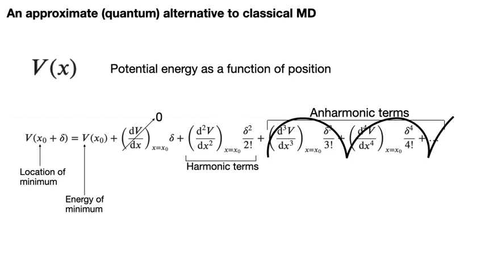When the temperature is low, the system does not move far from its minimum energy position. For low temperature, it is thus reasonable to assume that we can calculate the potential energy by only computing the harmonic terms in the Taylor expansion for V of x. When the temperature is small, the anharmonic terms and their contribution are very small.